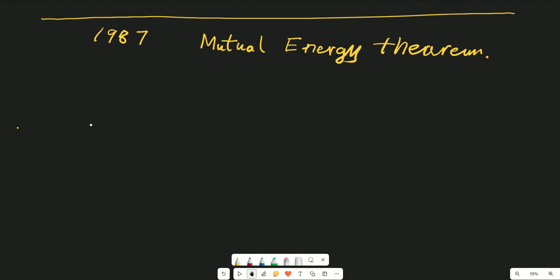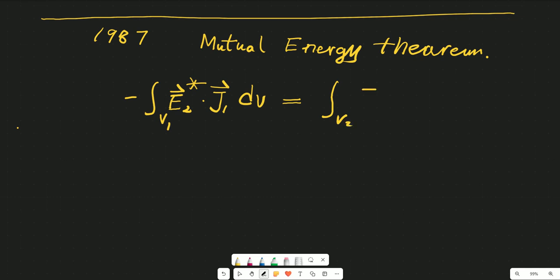So the mutual energy theorem can be written down like this. This is the mutual energy theorem. This was published in 1987.